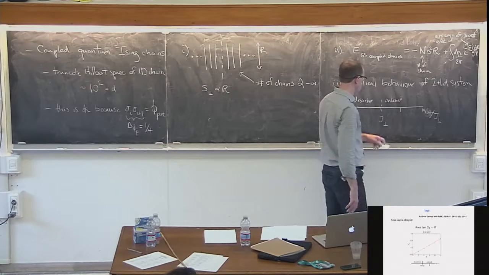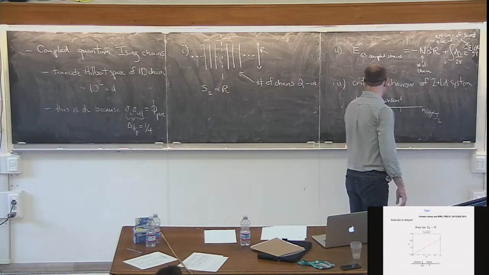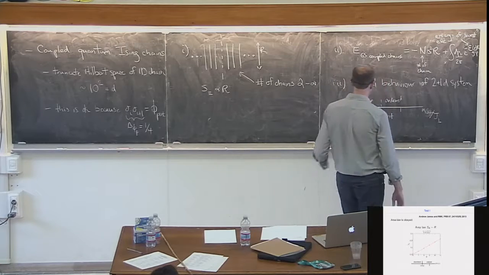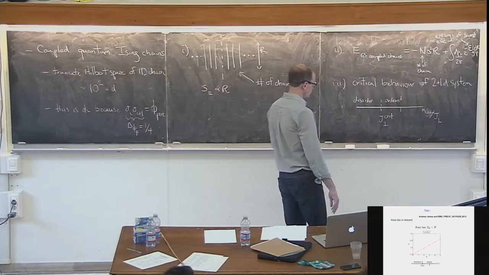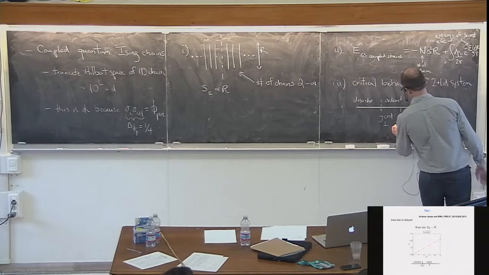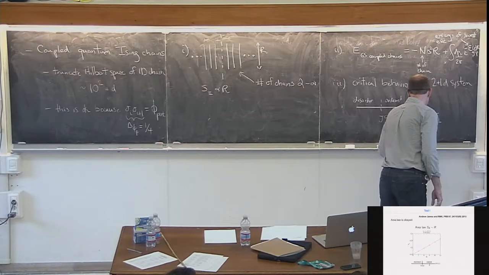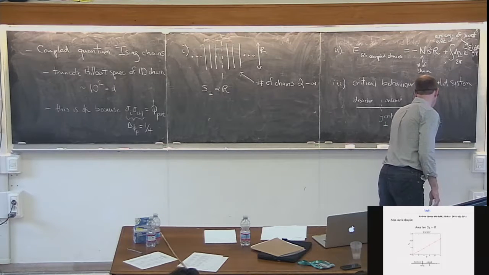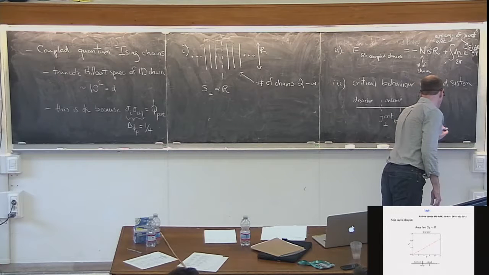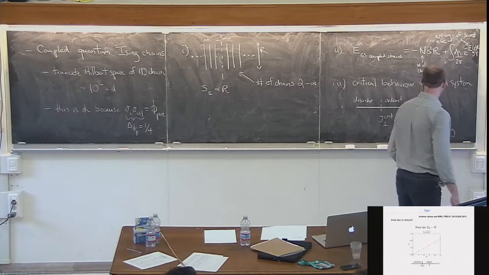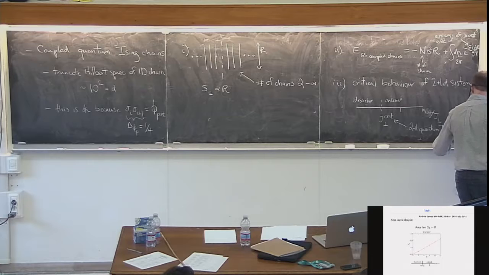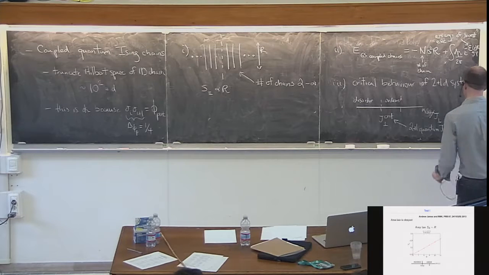So at some critical J, I'm going to undergo an ordering transition. And that ordering transition is going to be that of 2 plus 1 quantumizing, or 3D classical Ising.